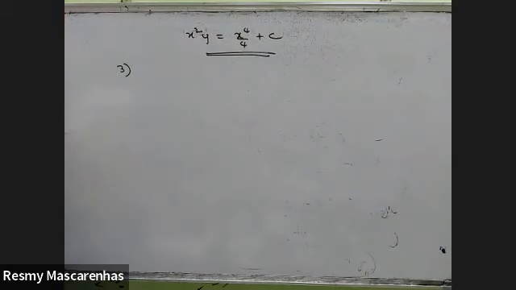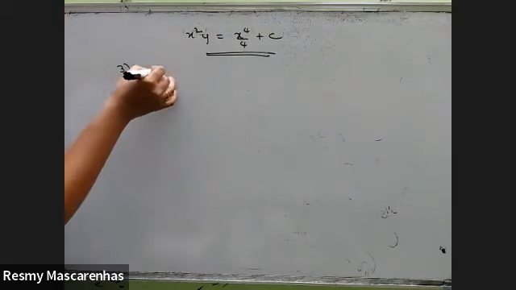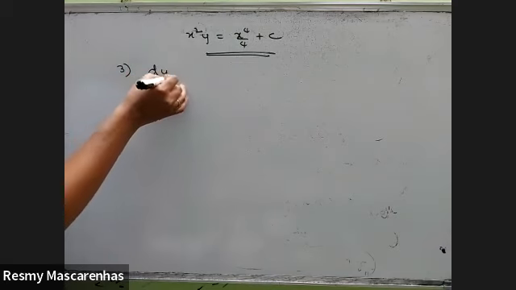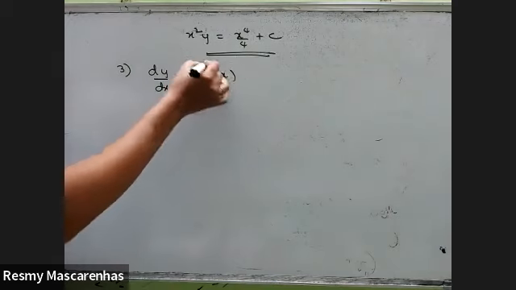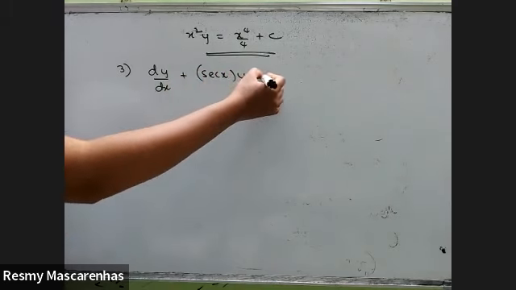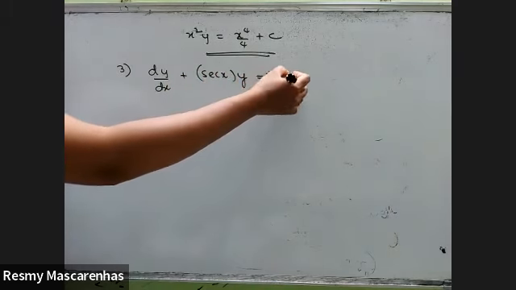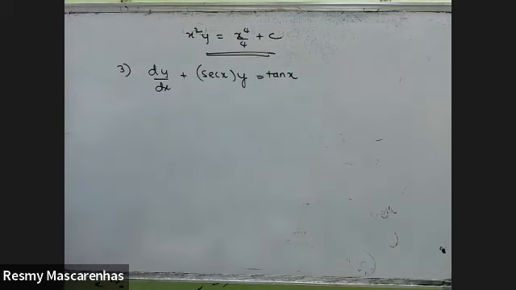Third one. dy by dx plus sec of x into y is equals to tan of x.